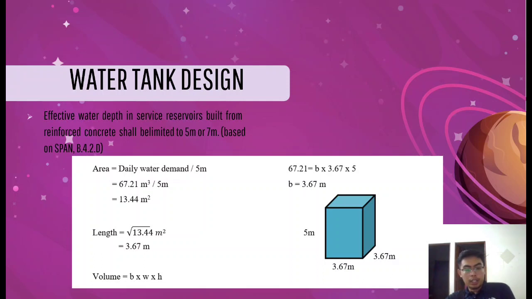And we find the length by square rooting the area, and we get the length is 3.67 meters. To find the base or the width, we use the volume formula, width times length times height, and we get the base, which is 3.67 meters. This is the volume of the water tank.